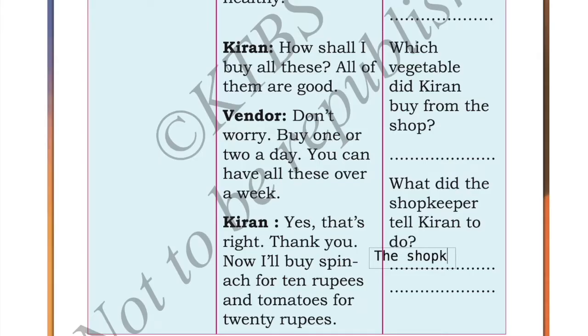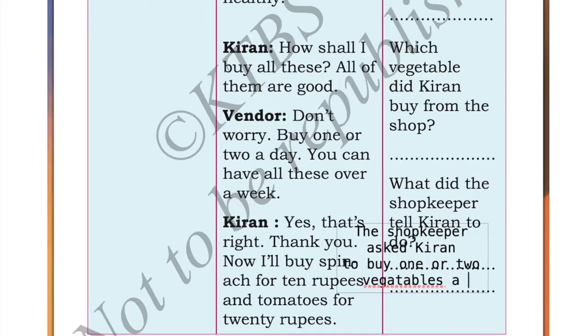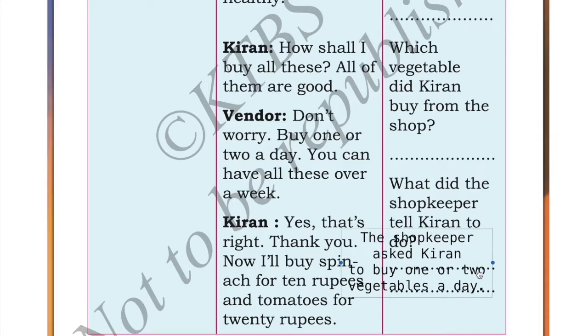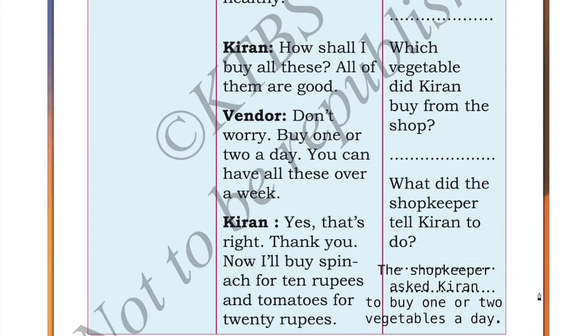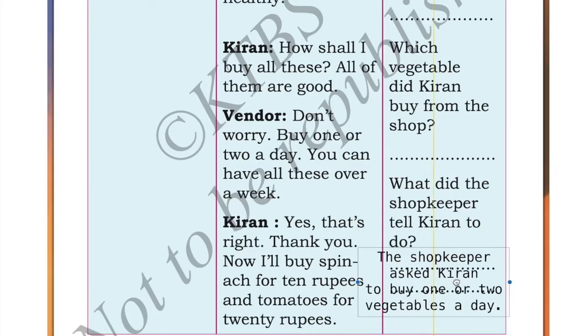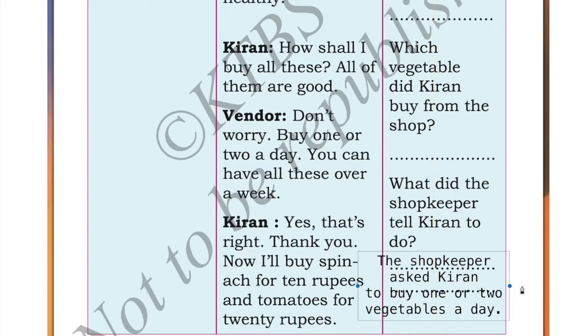The shopkeeper asked Kiran to buy 1 or 2 vegetables a day. Okay, so let me bring this down here so you can see. Yeah, so that is the answer to that question.